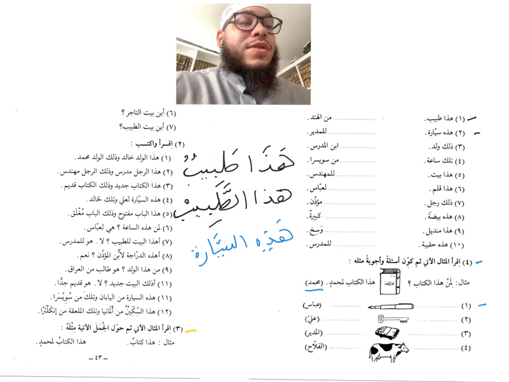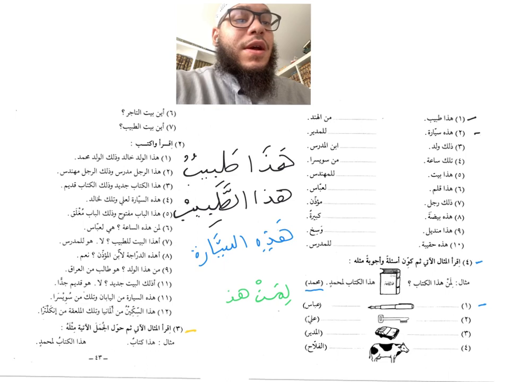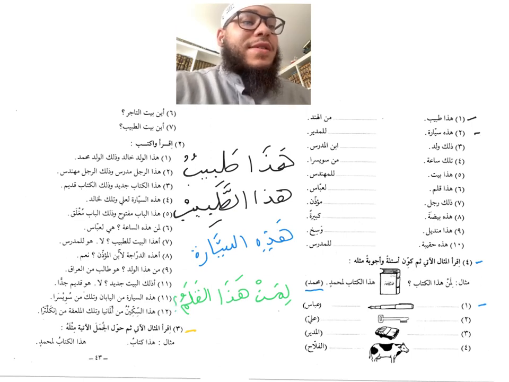What is this noun? It looks like a qalam, a pen. So he says, for example, Liman hadha al-qalamu. Whose is this pen? Let me write it right here for you. It's going to become Liman hadha al-qalamu. Okay. Question mark. Whose is this pen? To whom does this pen belong? Here we have Abbas.